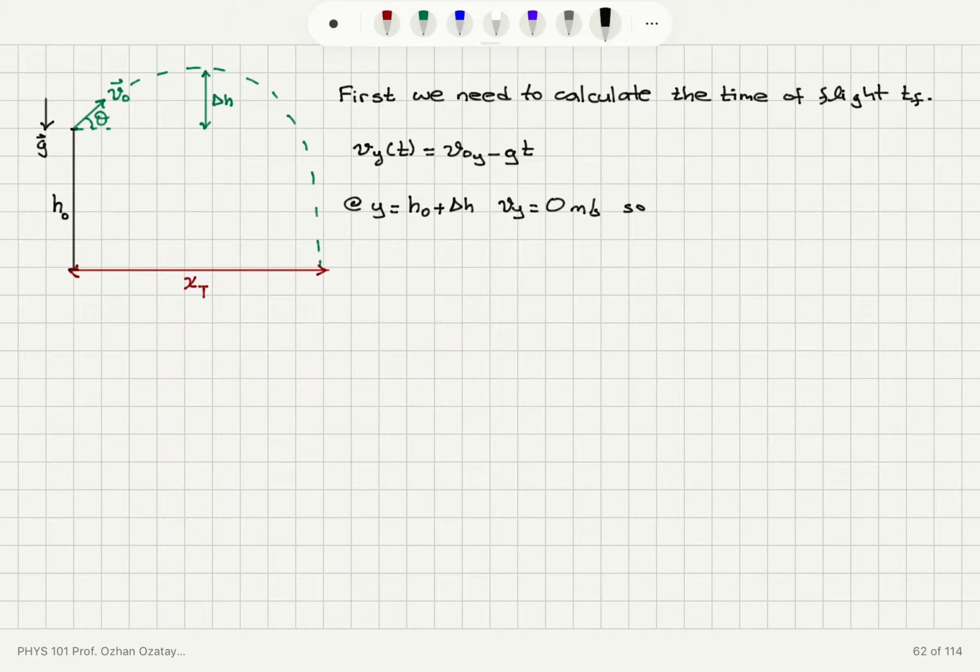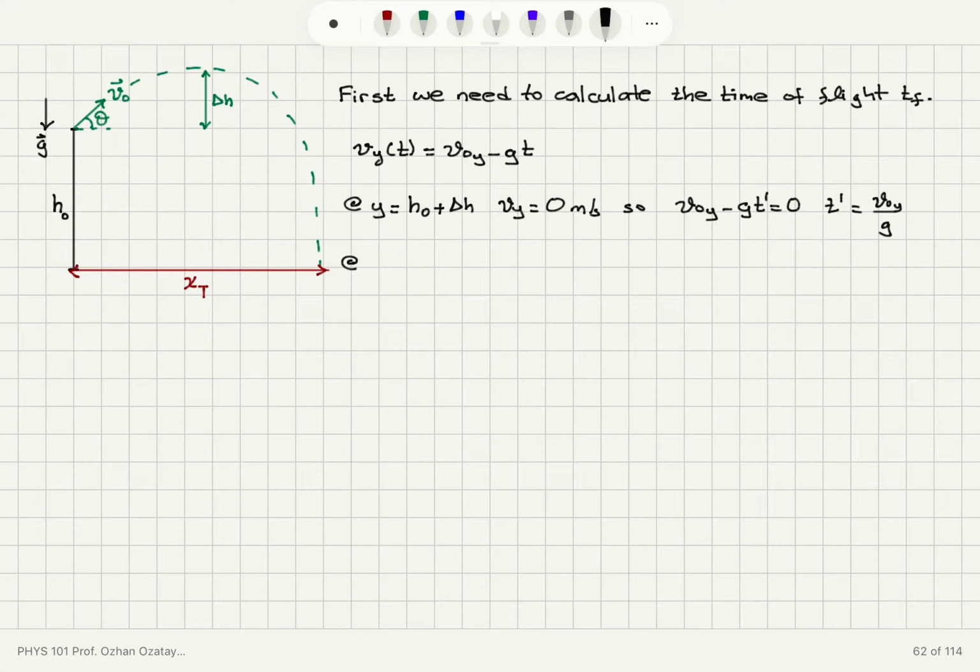So we will have v0y minus gt prime equal to 0, which means t prime, the time to reach the maximum height, will be the initial velocity y component v0y divided by g.